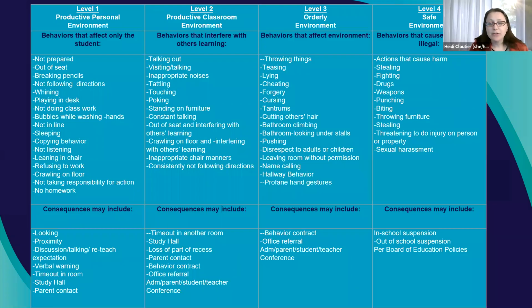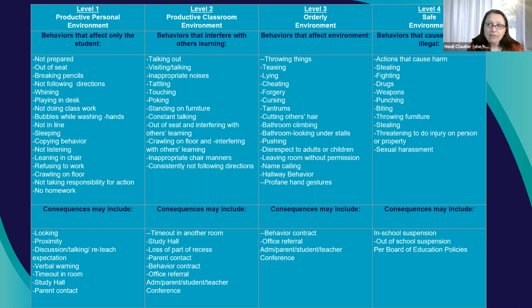In this example, you'll see this school has used their behavior definitions to organize behavior into a behavior ladder arranged from low to high severity of behaviors and consequences based on how the behavior affects the environment and others. You'll note that as you move across the screen from left to right, you have low-level behaviors matched with low consequences.